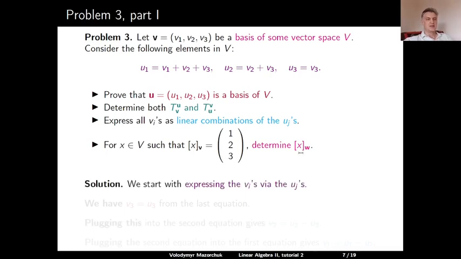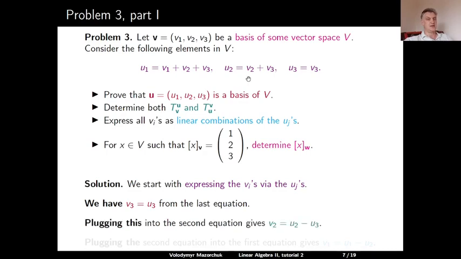Solution. Let us start with expressing the Vi's via the Uj's. If we look at the last equality, we immediately see that V3 is equal to U3. If we plug in that V3 is equal to U3 into the second equality and move U3 to the left, we obtain that V2 is equal to U2 minus U3.